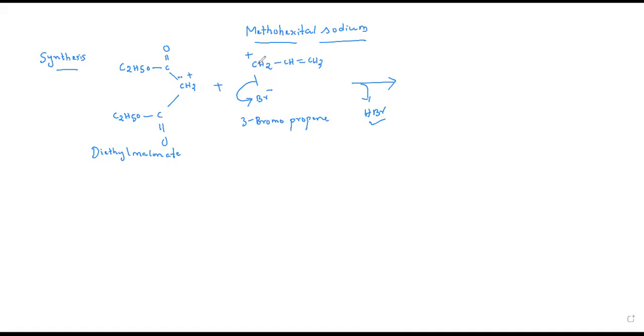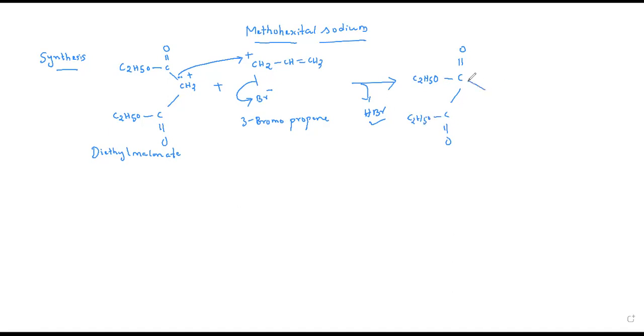So as this carbon has a positive charge, the other carbon atom will transfer the electrons to the positively charged carbon atom here. Therefore, a new sigma bond will be formed between the 2 carbon atoms of 3-bromopropene and diethyl malonate. So you can write the intermediate compound in this way: C double bond O, C2H5 oxygen, and here also C double bond O, C2H5 oxygen.